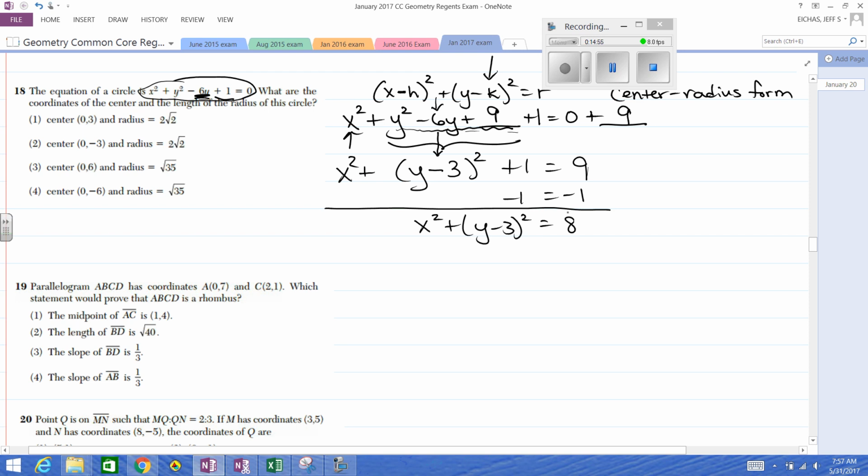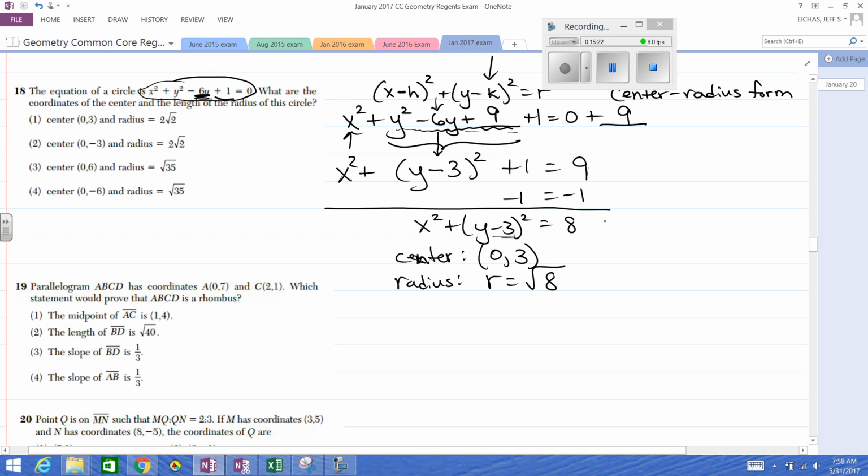All right, so the center is 0 and 3. It's always the opposite of whatever this is, so that when you plug in a 3 for y, that goes to 0. All right, the radius, well, that's going to be the square root of that.